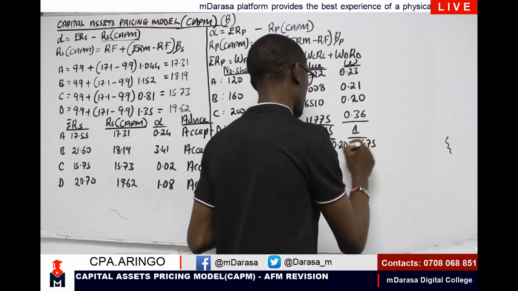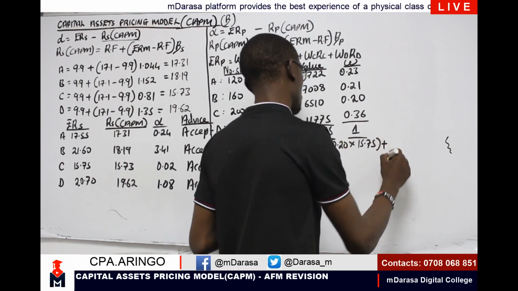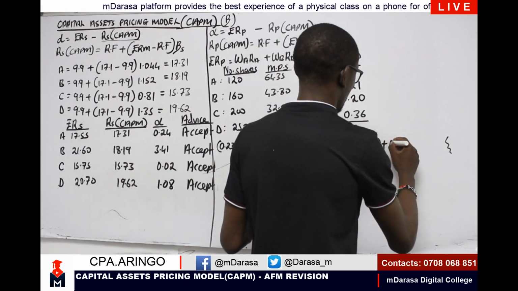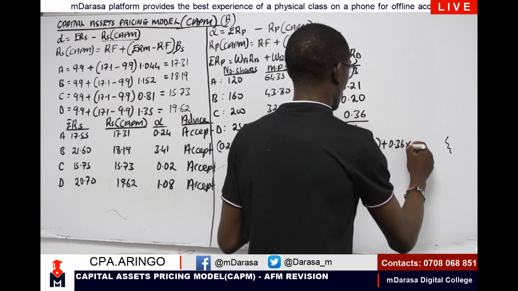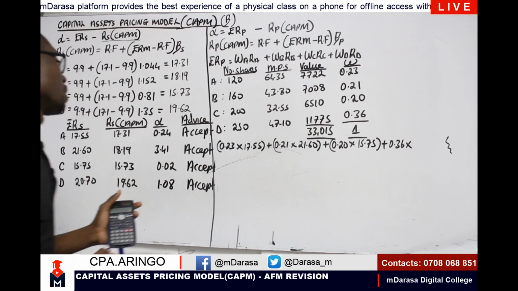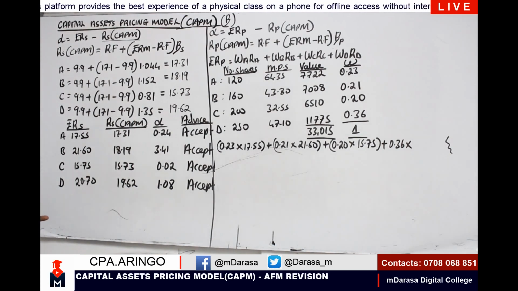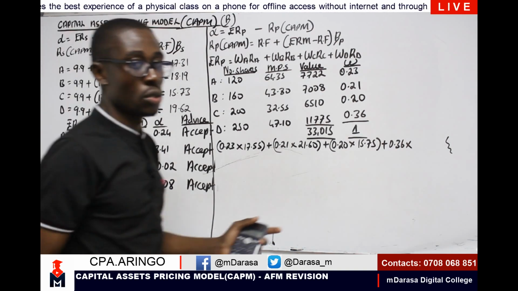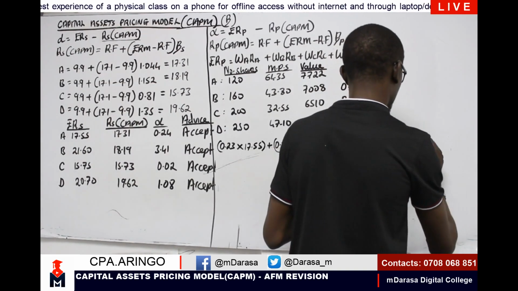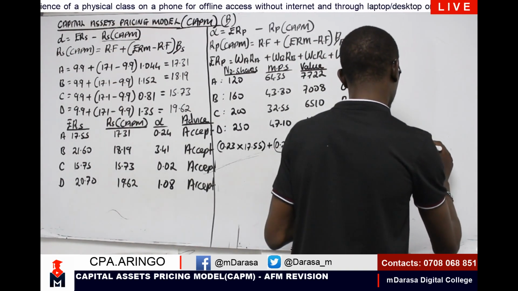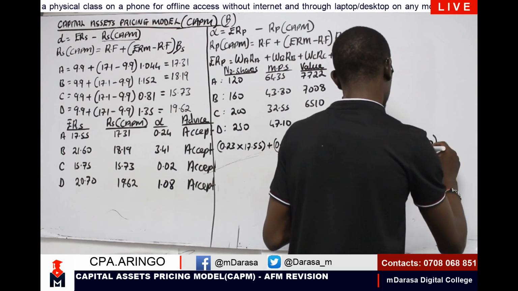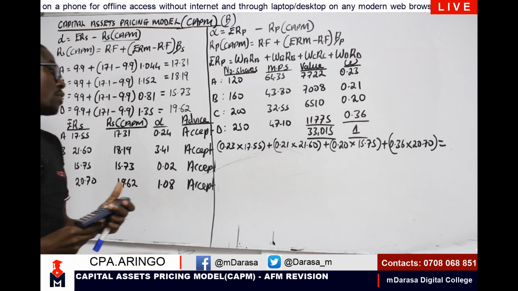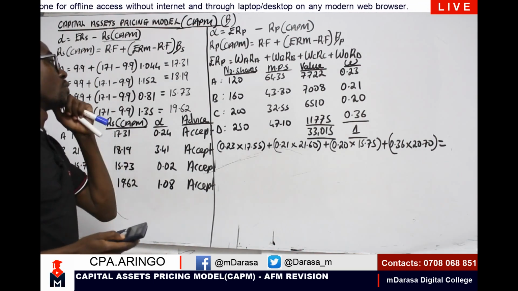And finally, the weight 0.36, we multiply by our return, which is 20.70. So at the end of the day, that should give us our return of the portfolio.